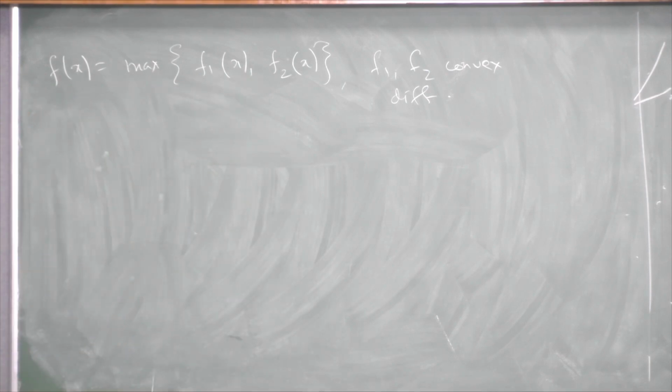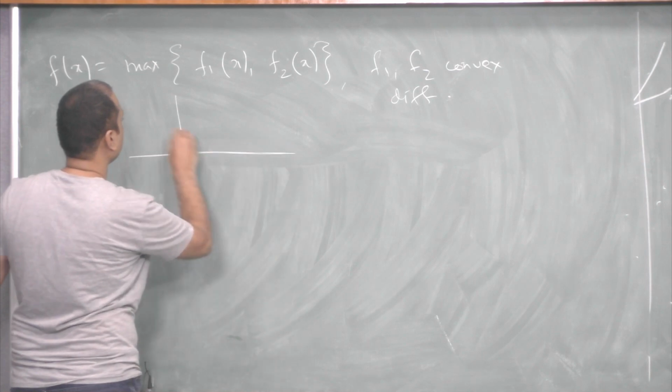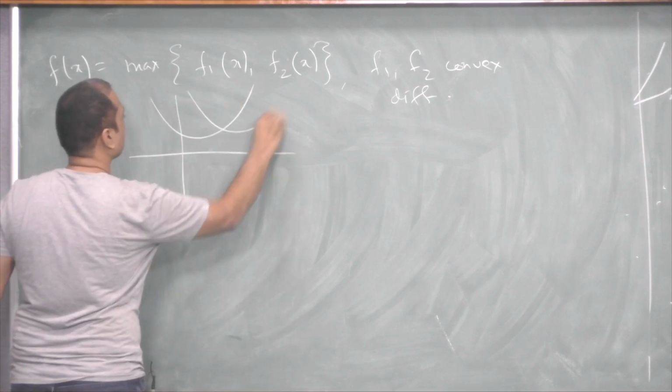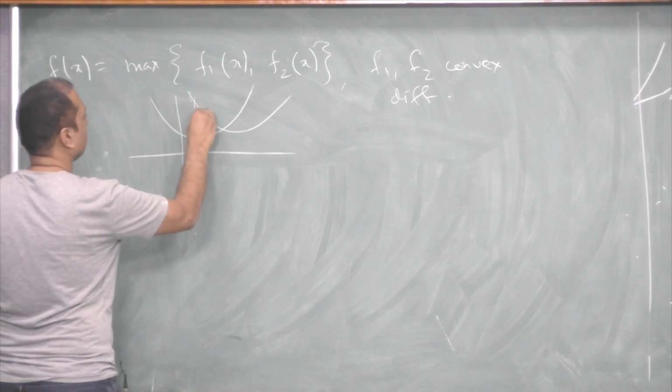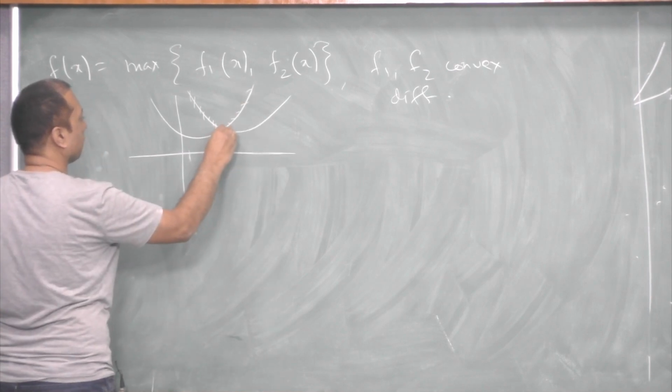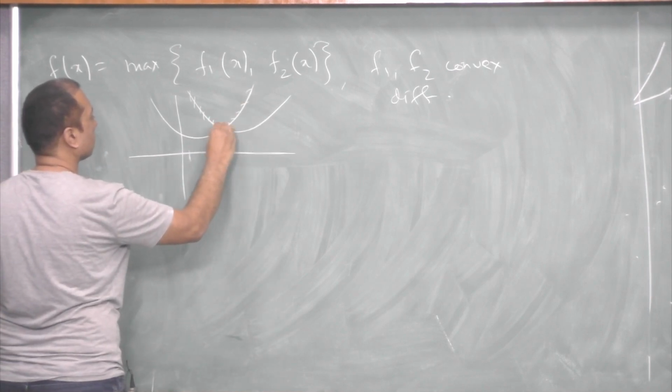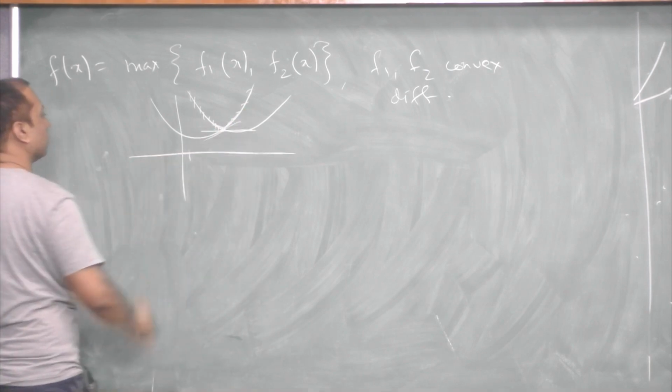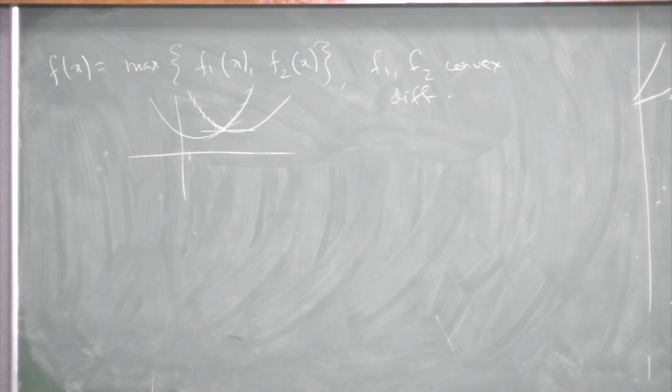Geometrically, this is one convex function, this is another, so the max is this and then this. There is certainly a corner here, so it is not differentiable in the usual sense.